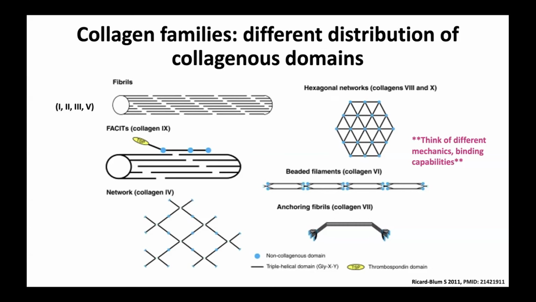In some of these collagens, they're really quite significant, and they determine the formation of all these elaborate structures. So for example, the network forming collagens like collagen 4 and collagen 6 over here are very important in making the basement membrane, just because they're able to form these networks. The FACITs bind to the fibrillar collagens and so on.